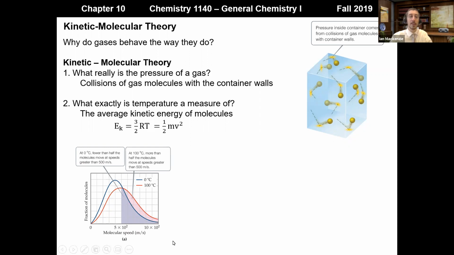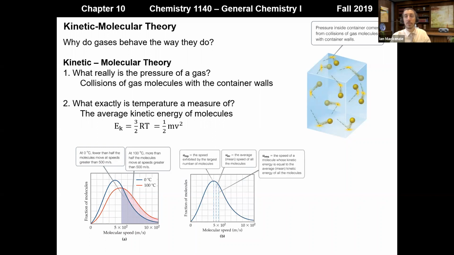So at any given temperature, we're going to have a distribution of speeds for different gas molecules, but we're going to have an average speed based off of the average kinetic energy. At low temperature, we'll have one kind of distribution, but as we increase the temperature, that will increase the average speed, and so we'll shift that whole distribution of speeds to a higher value.